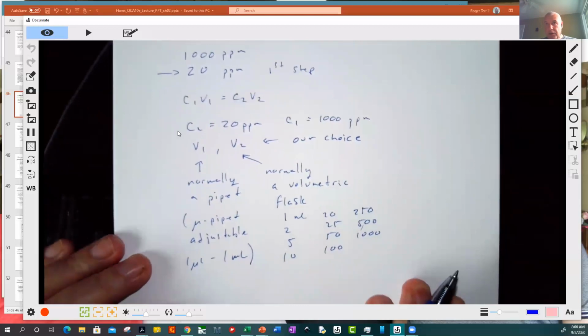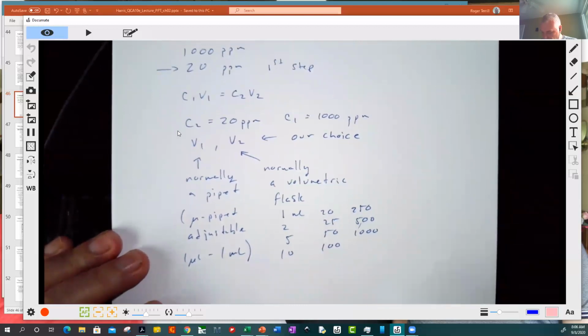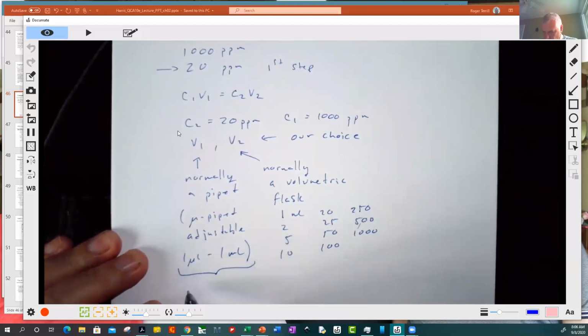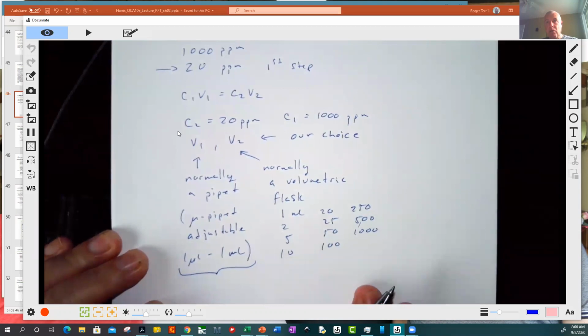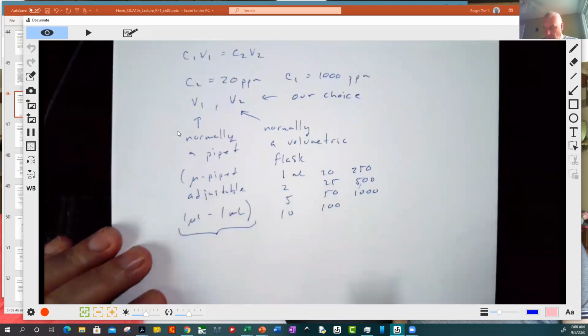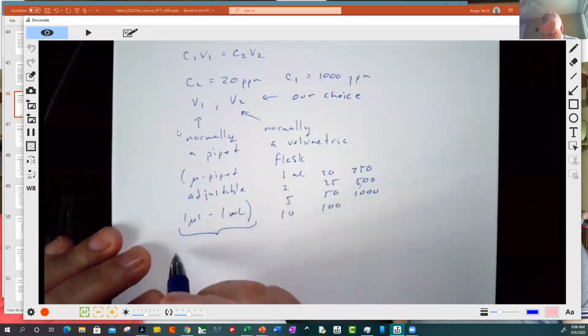When we think about doing this, there are a few considerations. Consideration one is that, depending on how precise we want to be, we don't want to use too small of a volume.